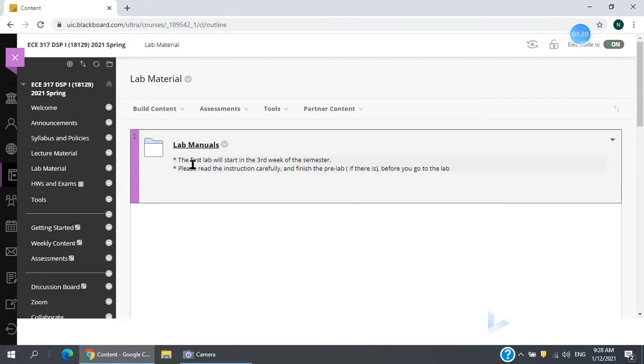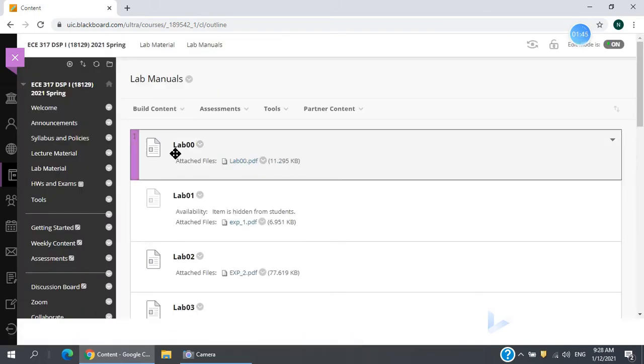The first lab will start in the third week of the semester, and you need to read the instruction before you start the lab. If there is some requirement for the pre-lab, you need to finish the pre-lab before you attend the lab.